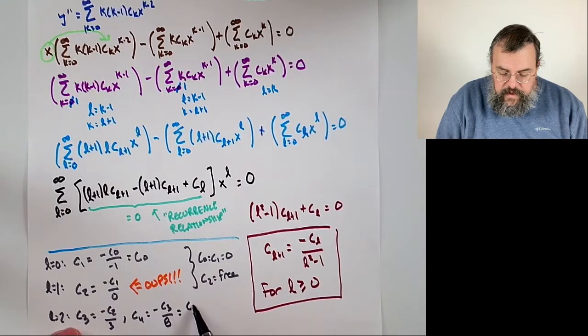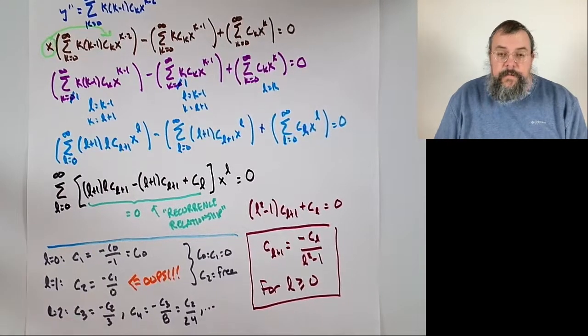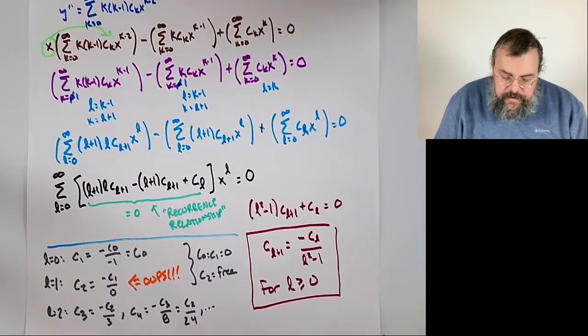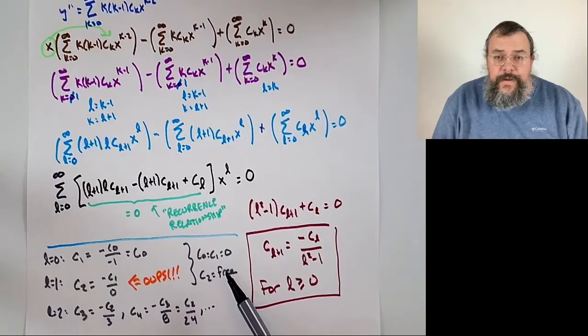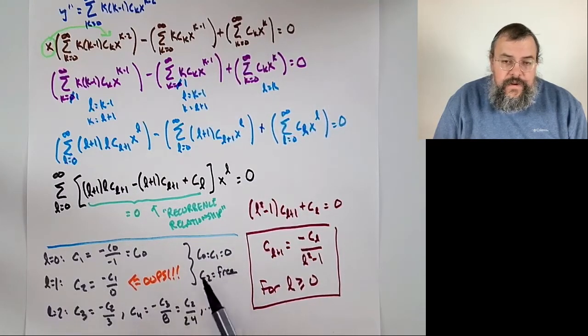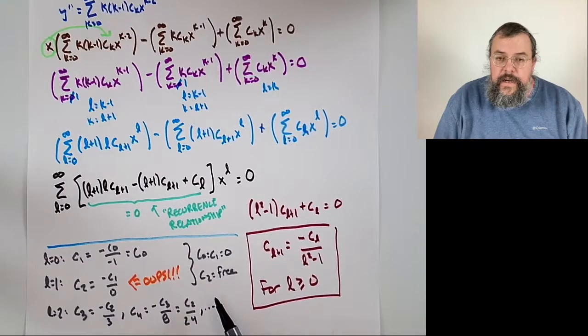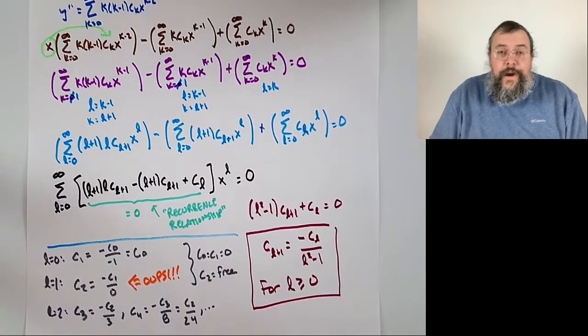Okay, that's the same as C2 over 24, and so forth and so on. But the problems are, look, we were wanting to get it in terms of C0 and C1 as two constants. No, it has to be 0. And C2, okay, that's a free choice. And then you're like, okay, well, all right, Steve, I'll live with that.